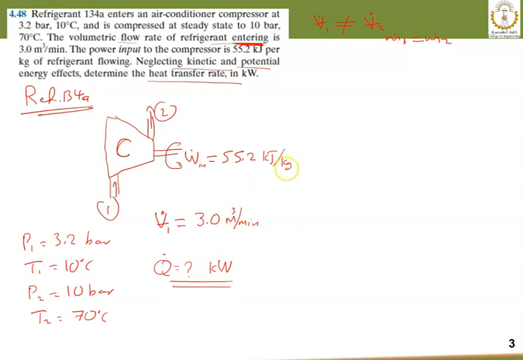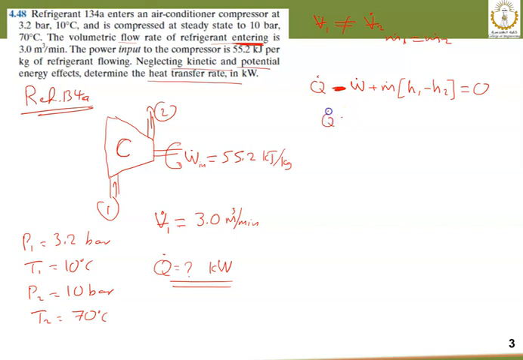So what we have here, we need to use the energy equation. So Q dot equals Q dot minus W dot plus m dot, and again all what we have is H1 minus H2. The kinetic and the potential energy effect is negligible, so this will equal 0 because it is steady state. Now Q is not 0, and we need to find it.